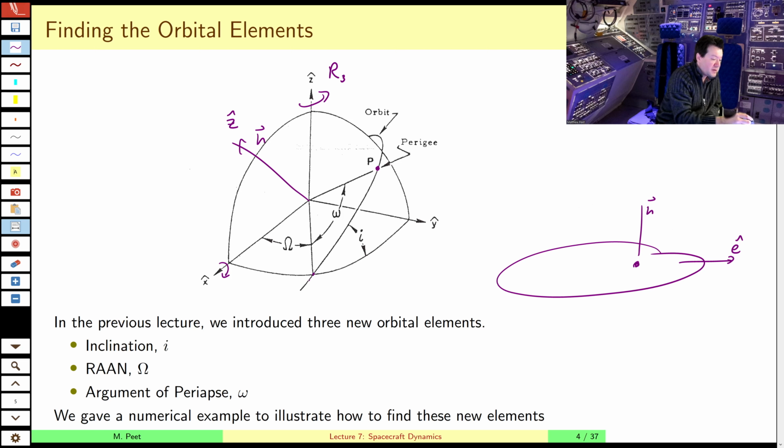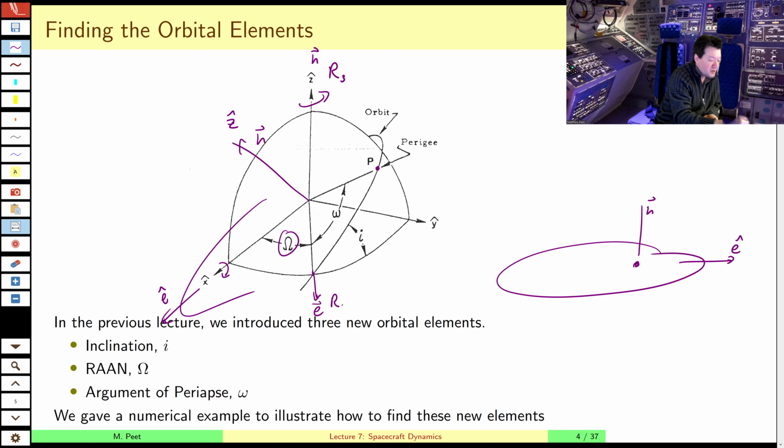First, we rotate about the z hat axis, which coincides with the perifocal frame, because remember, initially we had this alignment with the eccentricity vector in the x hat and the angular momentum vector in the z hat. So instead we're going to initially rotate about the z hat by the right ascension of the ascending node, so that the eccentricity vector is aligned with the line of nodes. Then we're going to rotate about the line of nodes.